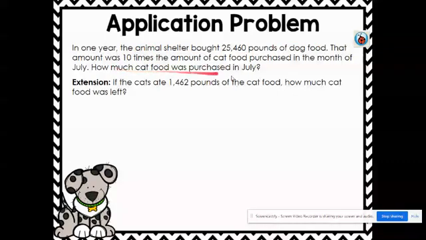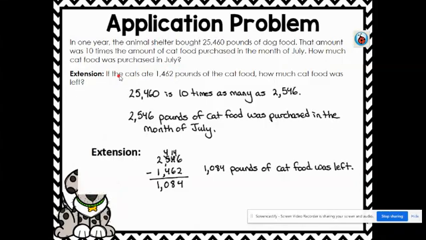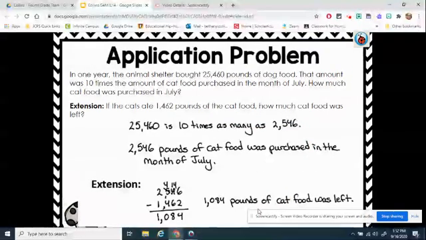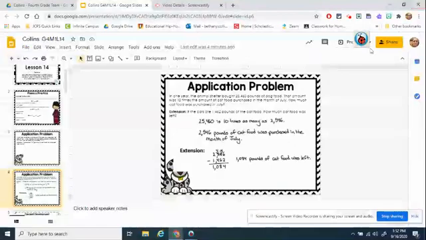How much cat food was purchased in July? Okay, so to solve this, we're going to start with this. Okay, if I have 25,000 pounds of dog food, and that is 10 times bigger, I'm going to switch to my camera because I don't think you are just going to automatically know.